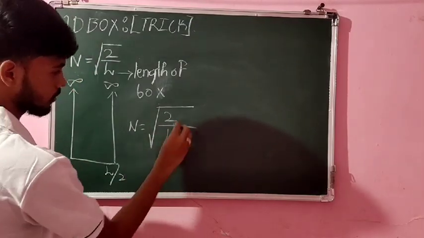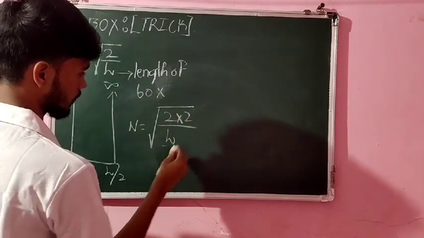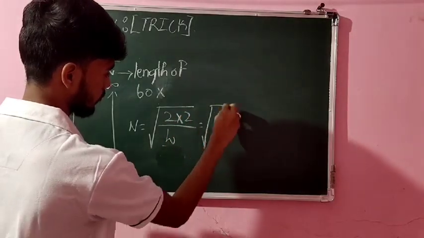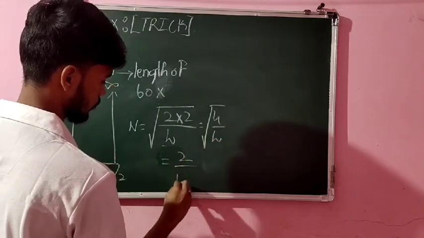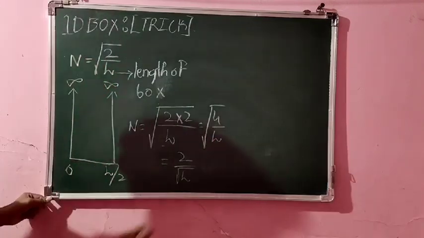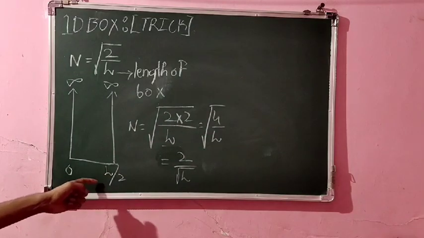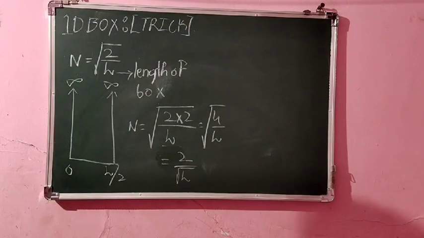Then it will be under root 4 by L, which equals 2 by root L. So this will be the normalization constant for length 0 to L by 2.